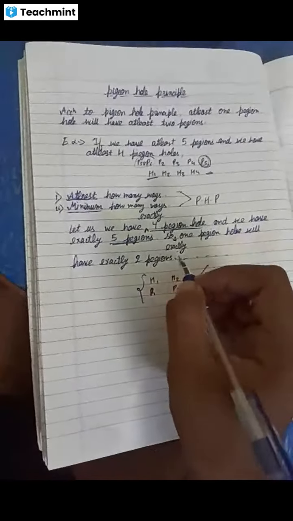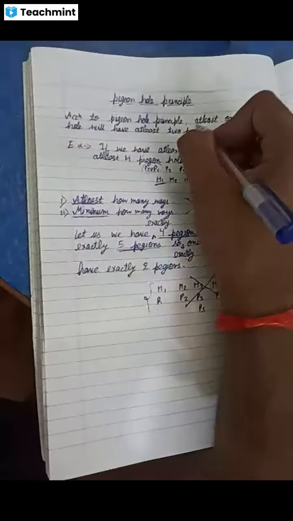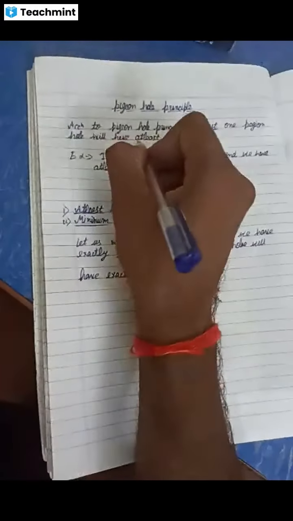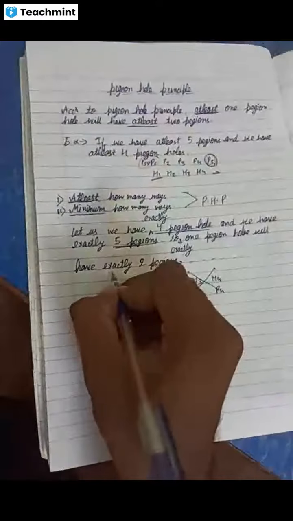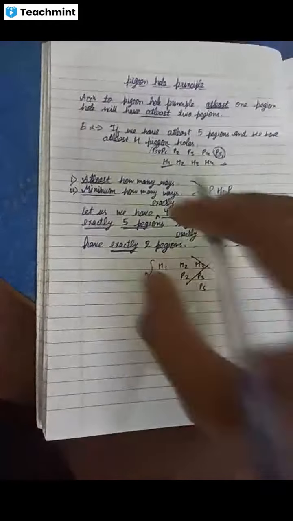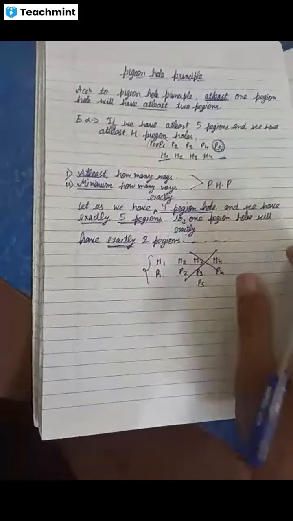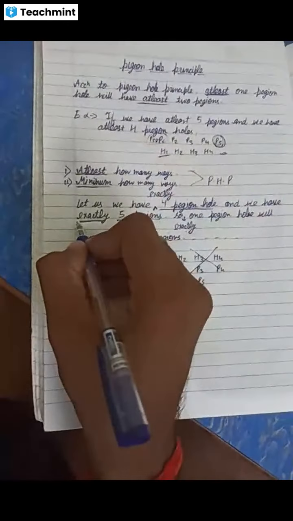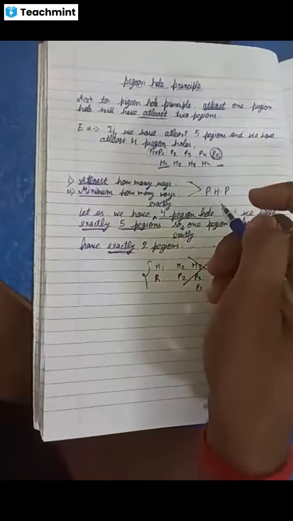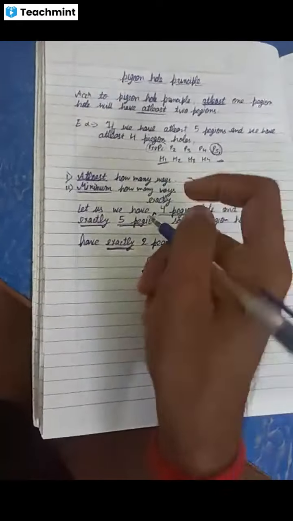It's wrong because, as you have seen in the definition, it has the words "at least", not "exactly". It focuses on the words "at least". The pigeonhole principle can't decide that in four pigeonholes there are exactly five pigeons.